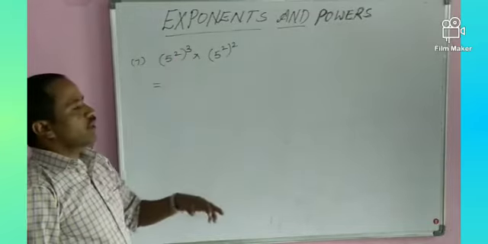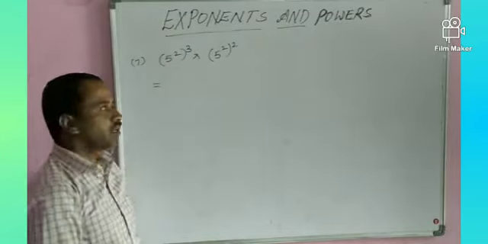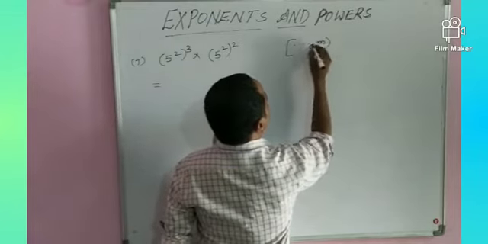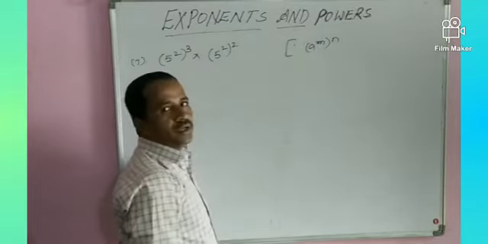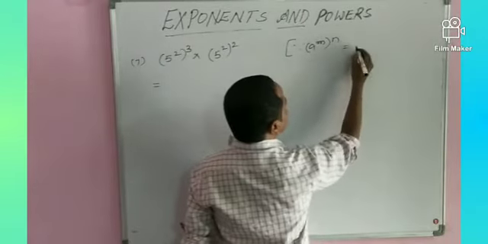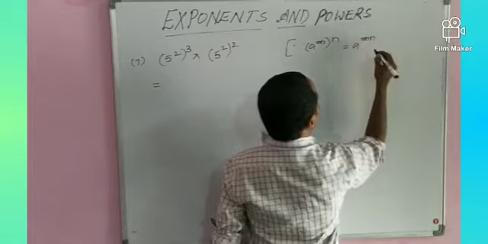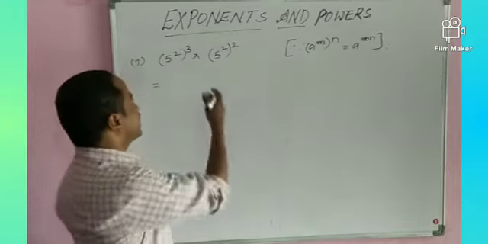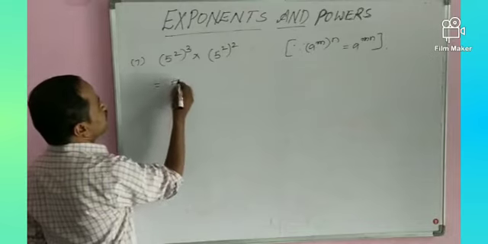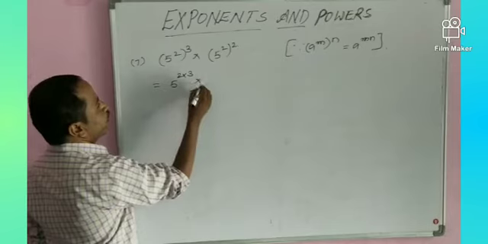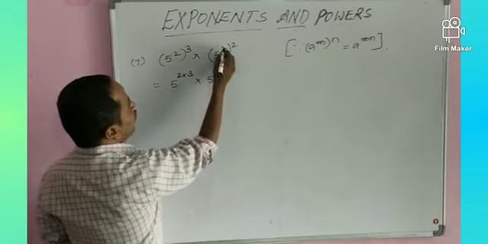Pi square whole cube is in the form of a power m whole power n. It can be written as a power mn. So it can be written as pi power 2 into 3, into pi power 2 into 2.